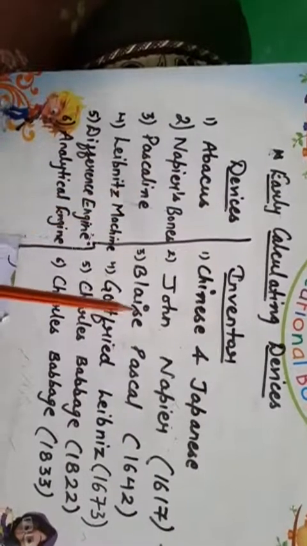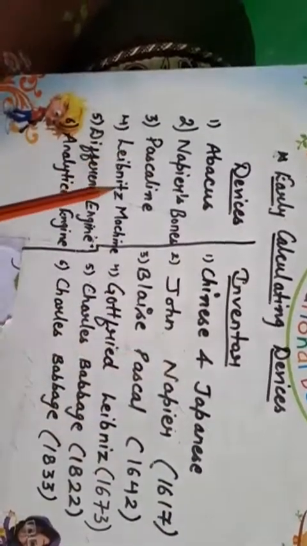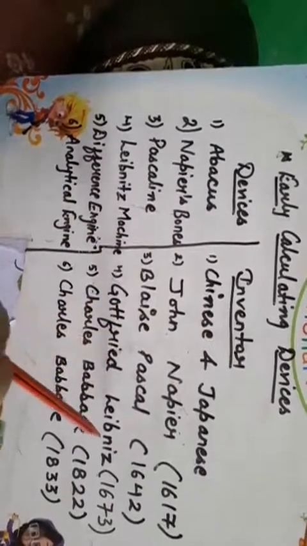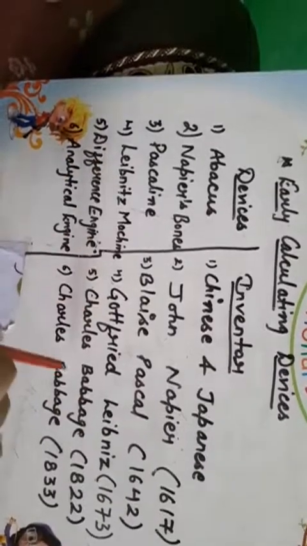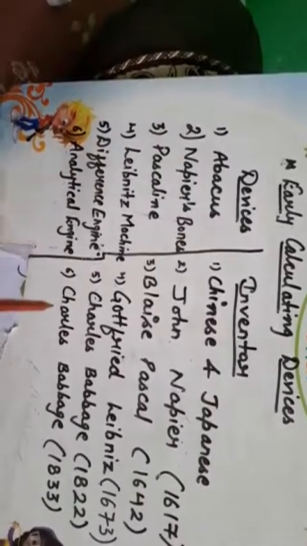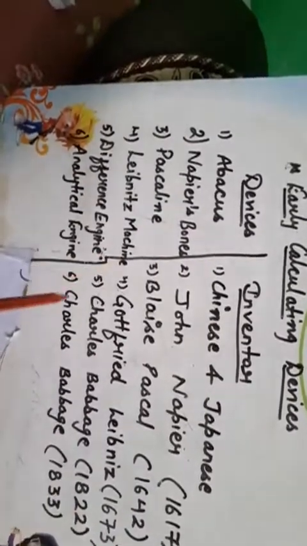It was developed by Blaise Pascal in 1642. Next is the Leibniz machine. It was developed by Gottfried Leibniz in 1673. Difference engine. It was developed by Charles Babbage in 1822. Again, analytical engine. It was developed by Charles Babbage in 1833. Charles Babbage is known as the father of the computer.